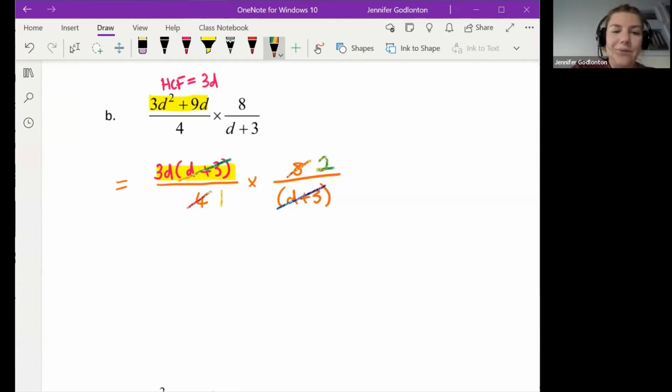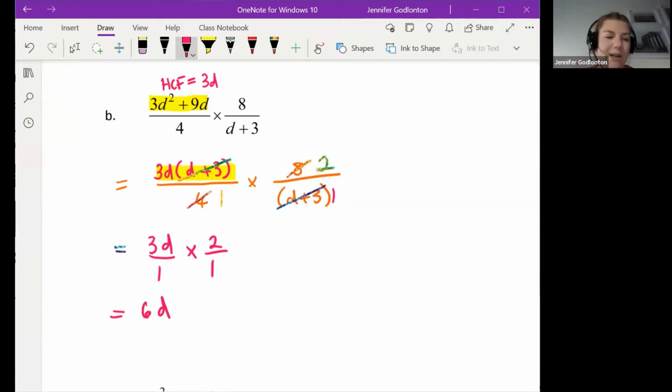So what I'm left with is 3d over 1 times 2 over 1, because there's nothing there at the bottom. 3d times 2 gives me 6d, and I can write over 1, or I can just leave it as 6d.